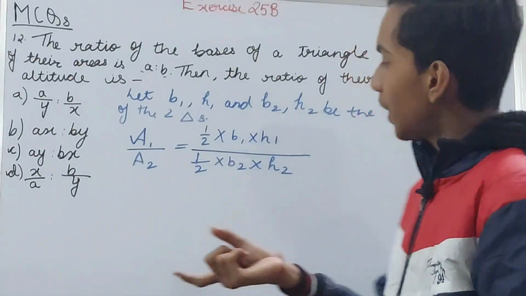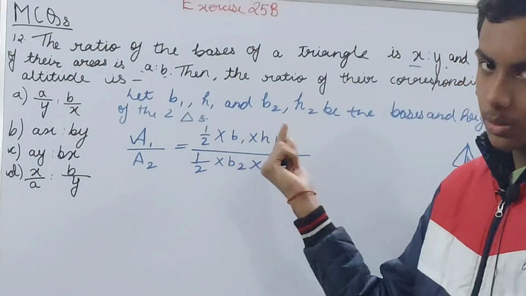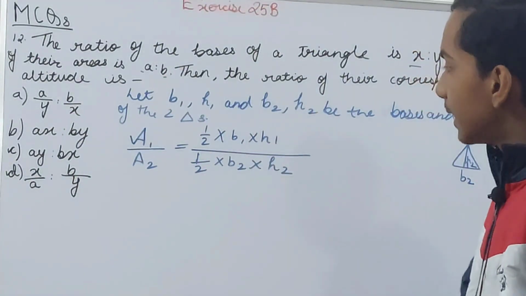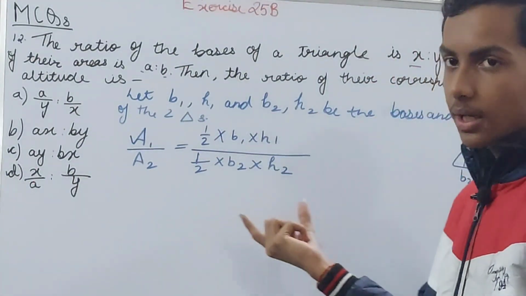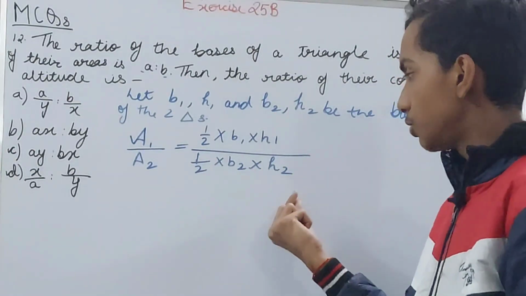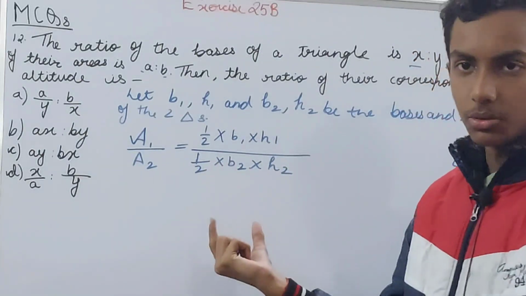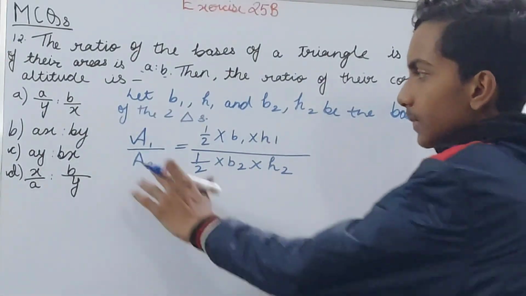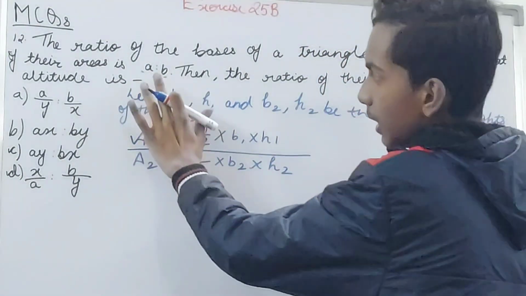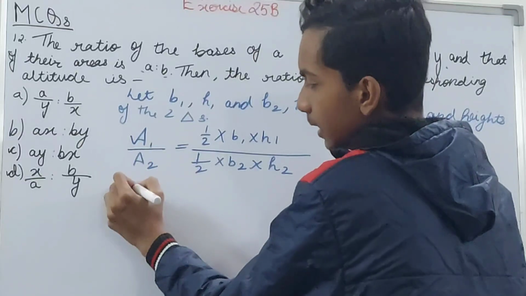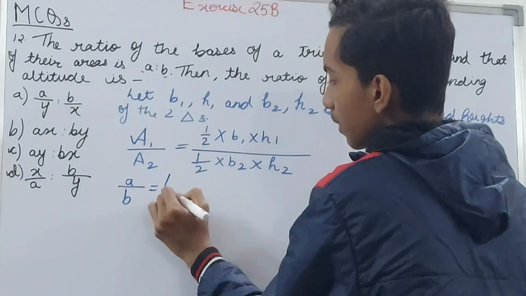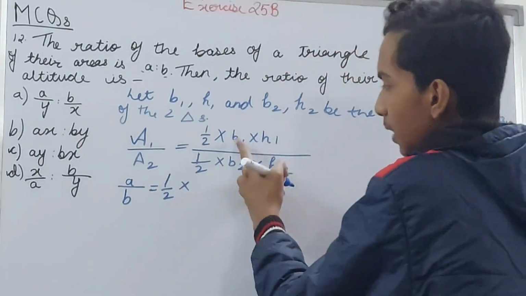So for the first triangle we had assumed base as b1 and height as h1, so 1 by 2 into b1 into h1. For the second triangle we had assumed base as b2 and height as h2, so 1 by 2 into b2 into h2. Now see, the ratio of their areas I know, a is to b. So a is coming first, so put a in the numerator upon b in the denominator, is equal to half into b1.